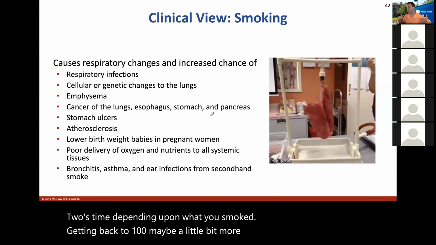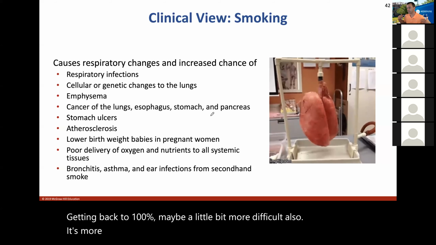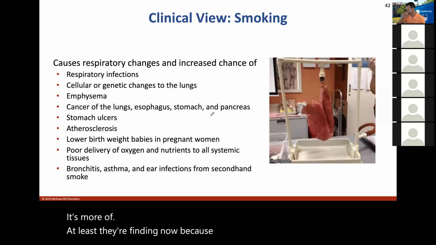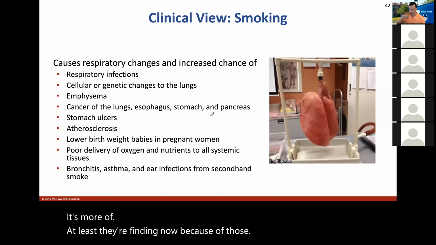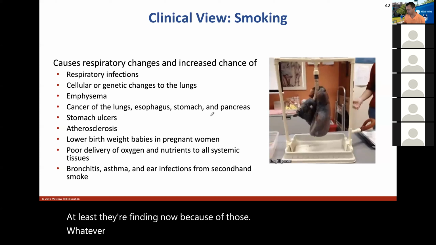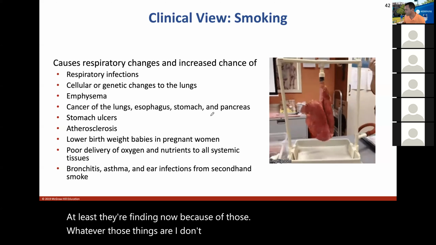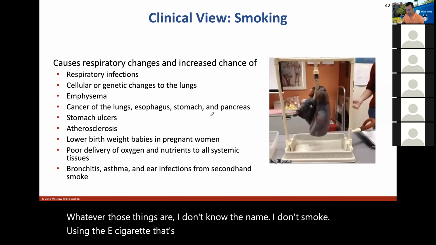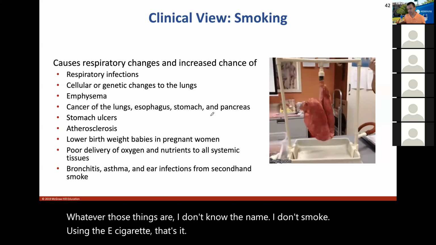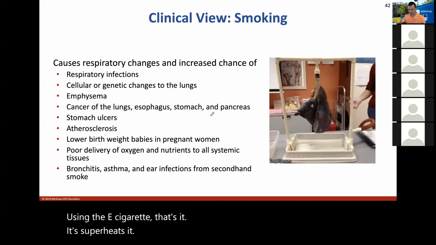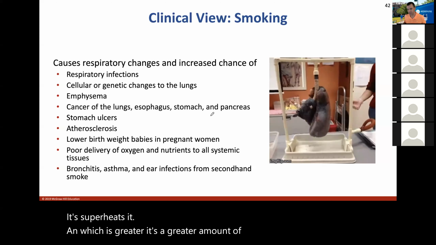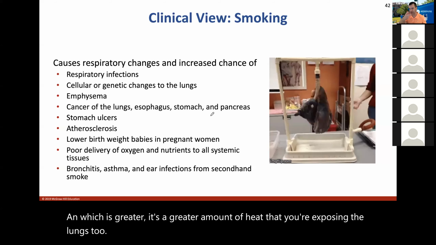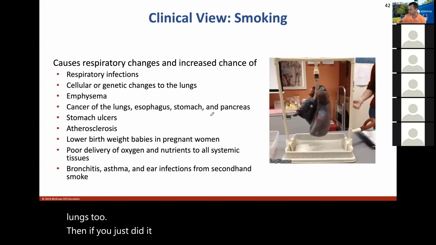Also, at least they're finding now, because of those, whatever those things are, I don't know the name. I don't smoke. Using the e-cigarette, that's it. It superheats it, which is a greater amount of heat that you're exposing the lungs to than if you just did it with your thing lit and smoke.